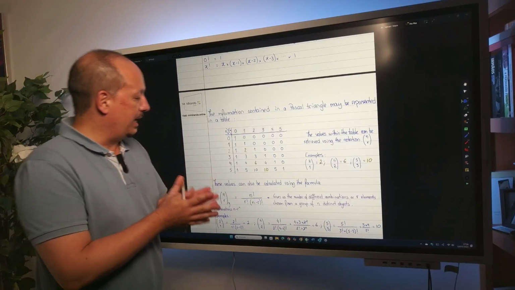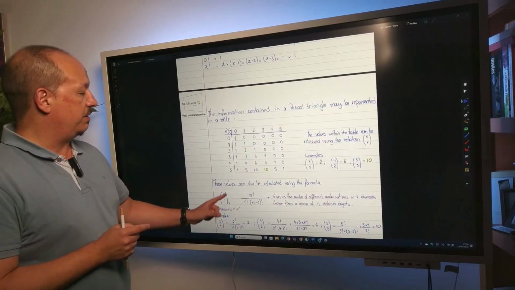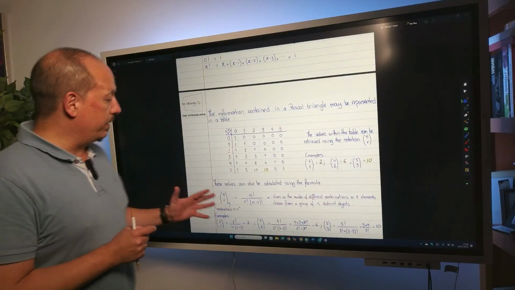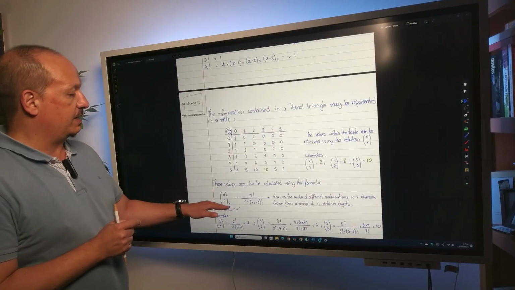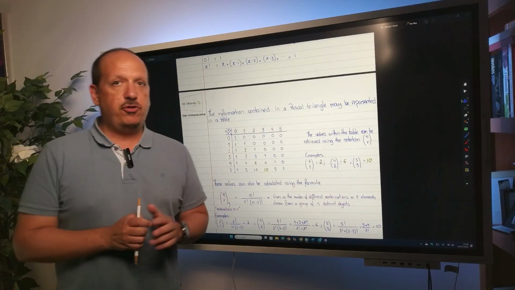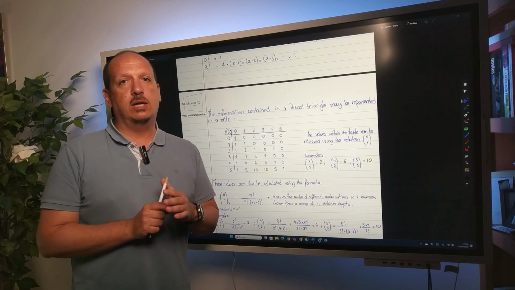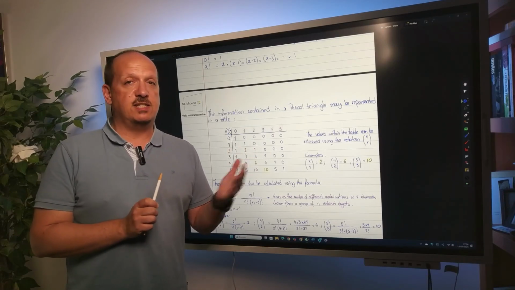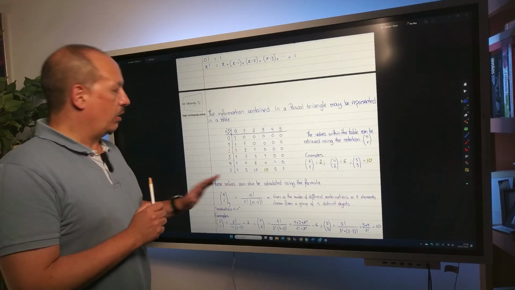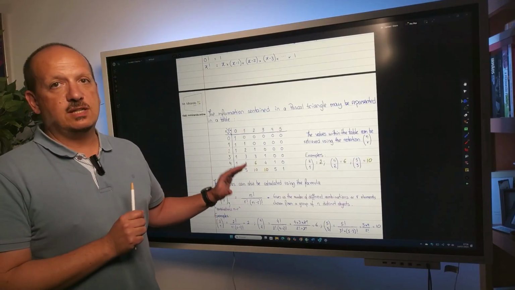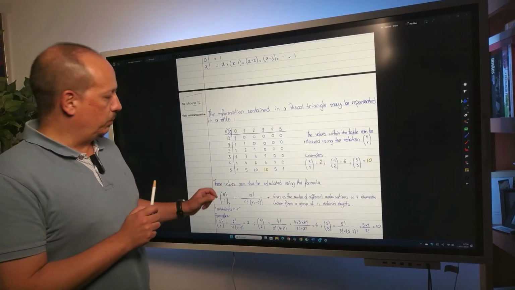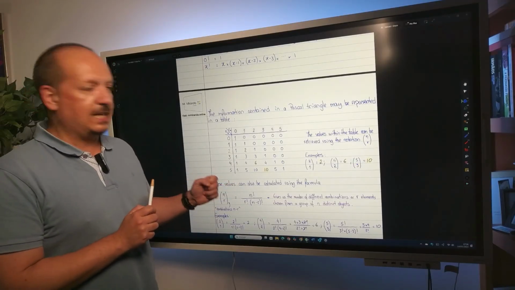access to? You will have access to this formula over here, okay? This is the notation that I used before, which, by the way, is called combinations nCr. If you are taking statistics 1, I don't know if you reached this part already, but chances are that you did. You already studied this, combinations and permutations. This is exactly the same thing, okay? The process to find these numbers is exactly the same.